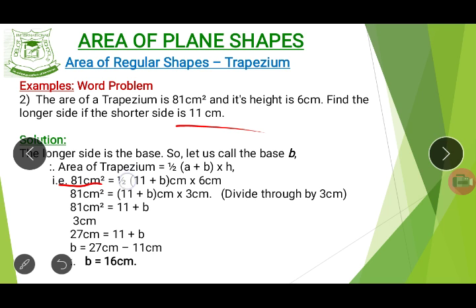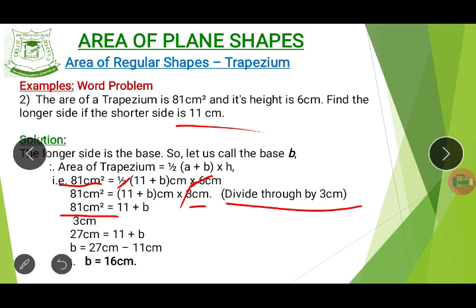So in this case, the 2 can divide the 6 to have 3, right? So 11 plus b. So divide both sides by 3. So 3 is cut here. So 81 divided by 3, I forgot to put that, over the fraction line.